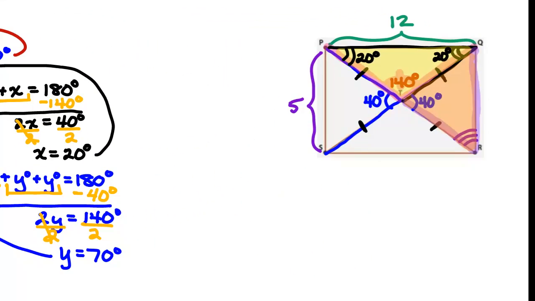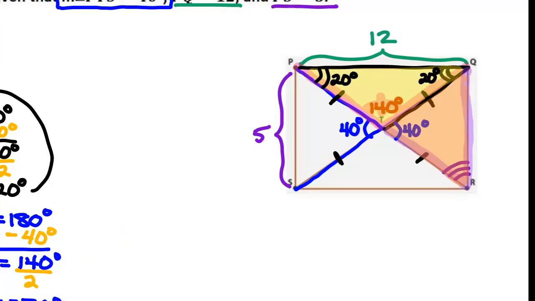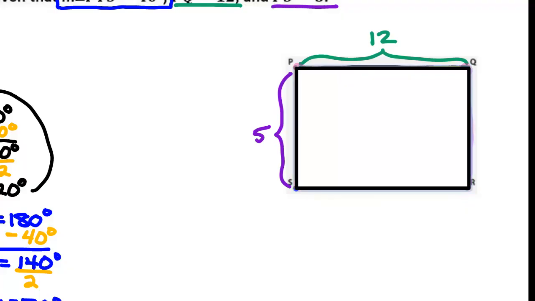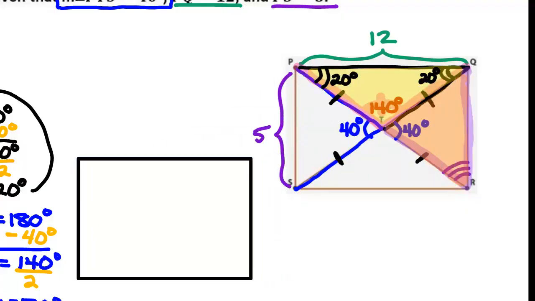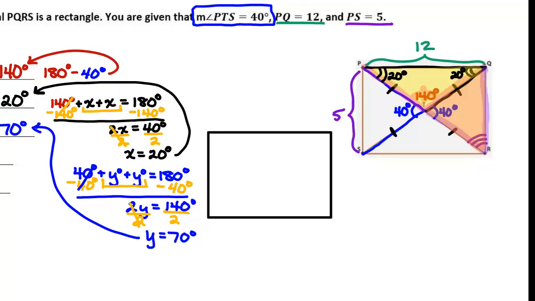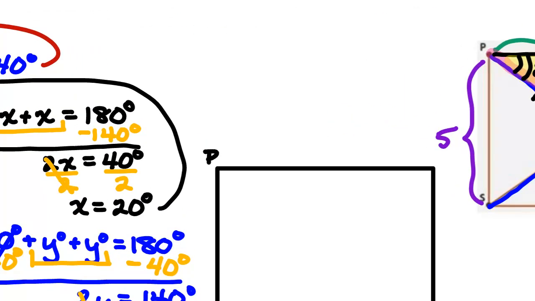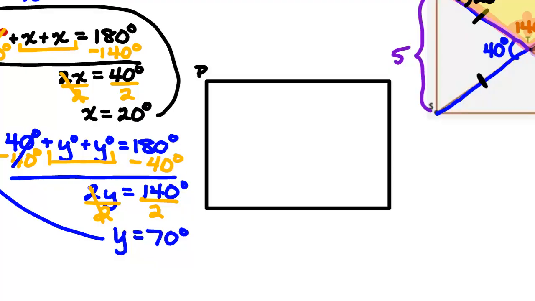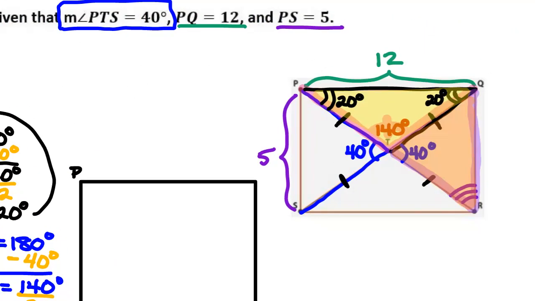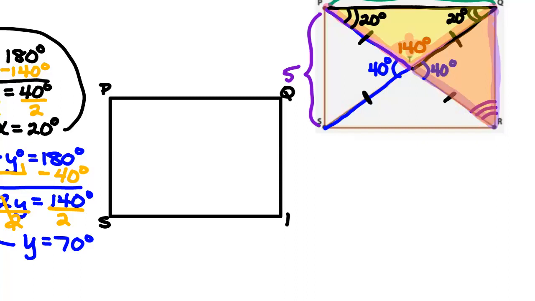And I'm actually going to redraw this rectangle because I feel like I've got too much going on in the picture. All right, so off to the side, I'm redrawing this. So here's P, S, Q, R, and then I need to draw in those diagonals.